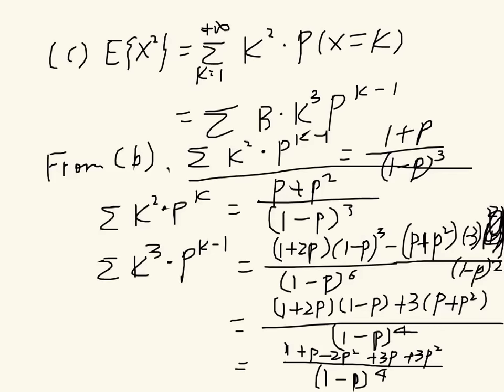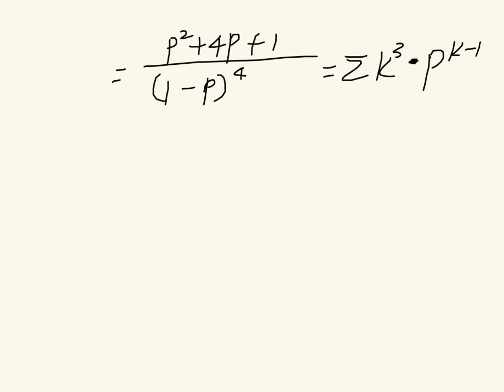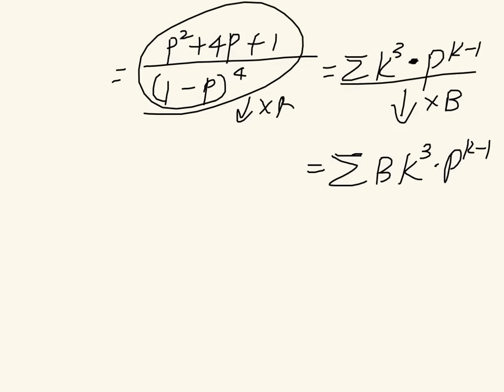And we need to find this term times b, which is equal to the sum of b times k cubed times p to the power k minus 1. b is equal to 1 minus p squared.